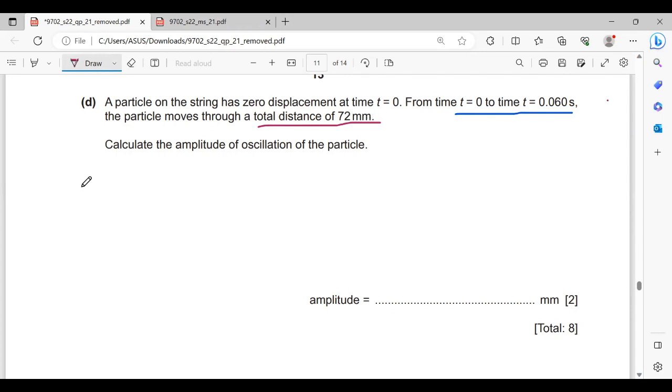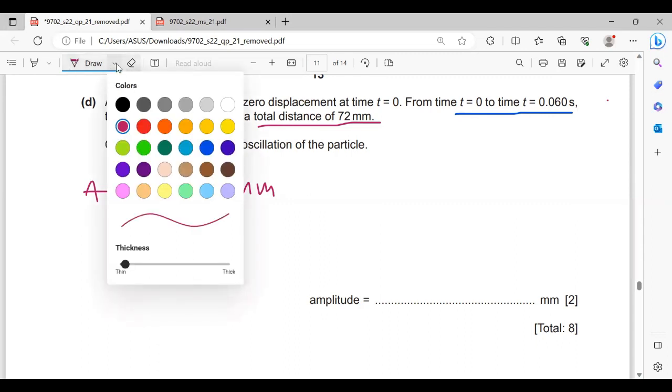So the amplitude equals 72 millimeters over 6. So it becomes 12 millimeters. Okay, let's continue.